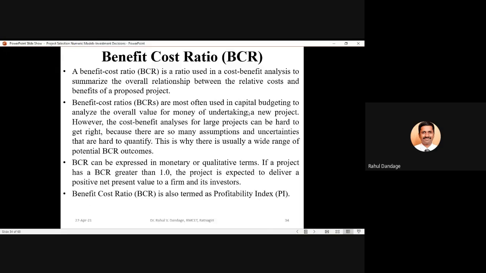Whatever ratio we get, we call it the benefit cost ratio.